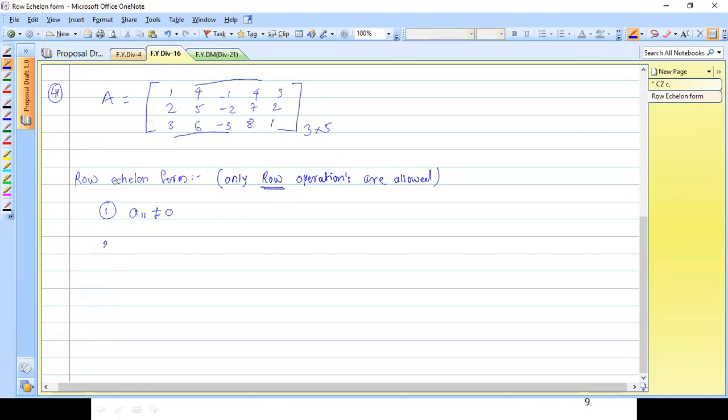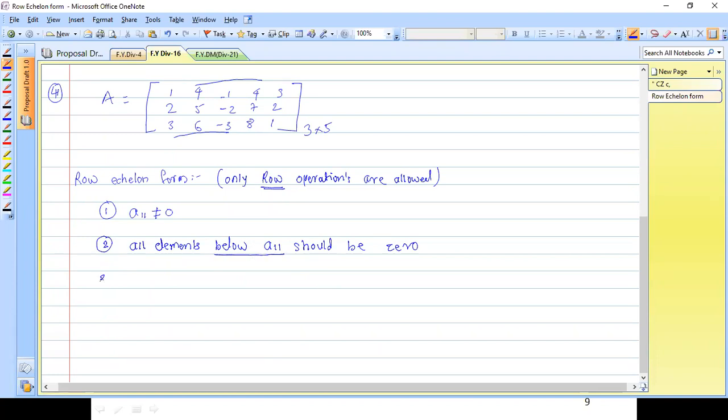Now second, all elements below A11 should be 0. Underline the word below A11.